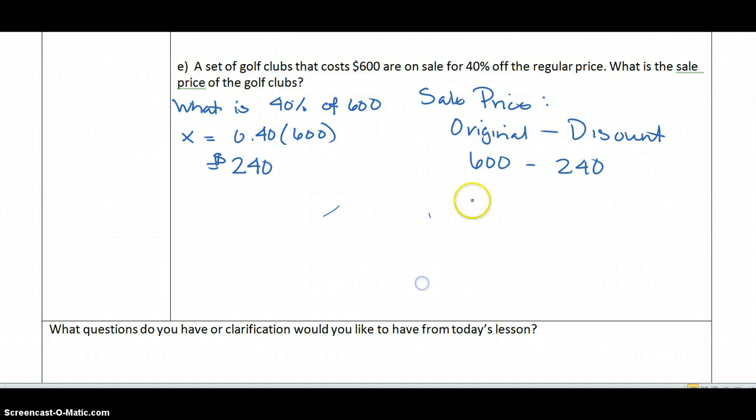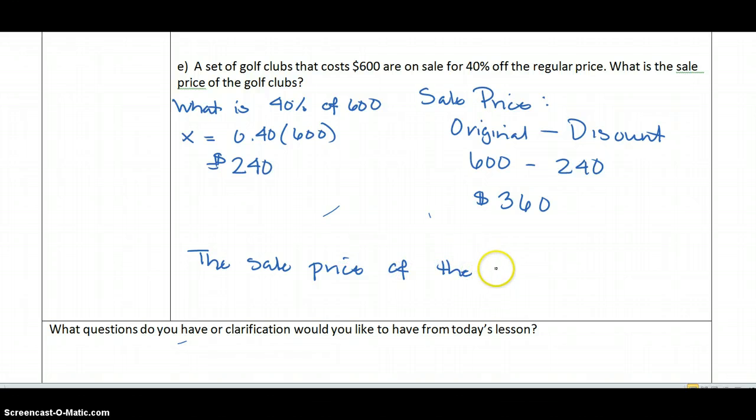So we'll subtract those and find that it's going to be $360 for those golf clubs. So this is a word problem: the sale price of the golf clubs is $360. That's a good deal.